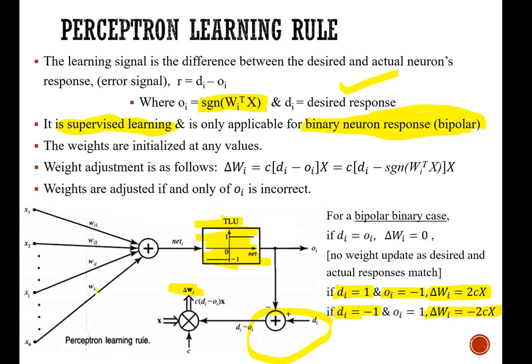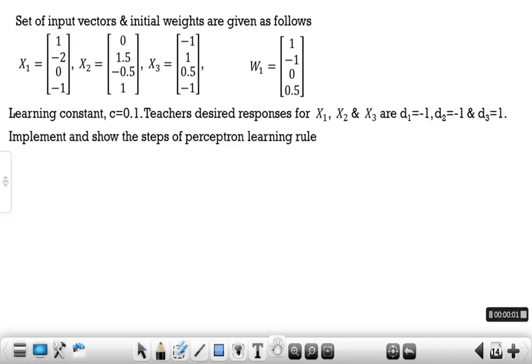Now we shall solve problems on the perceptron learning rule. This problem is on the perceptron learning rule. A set of input vectors and initial weights are given as follows. The learning constant is given as 0.1; in the previous Hebbian learning rule problems, we used 1. What extra information is given here?